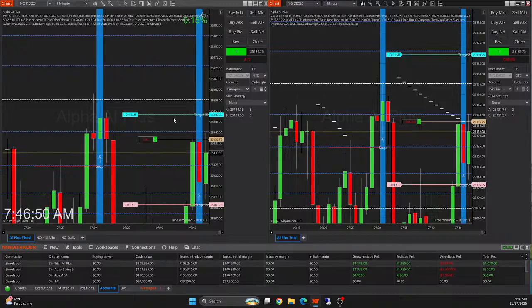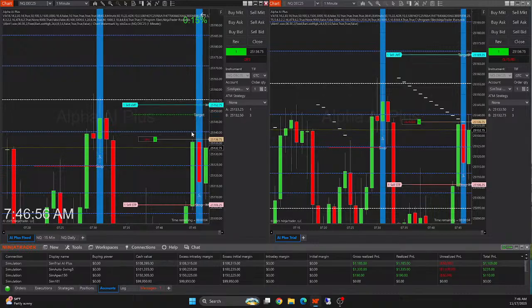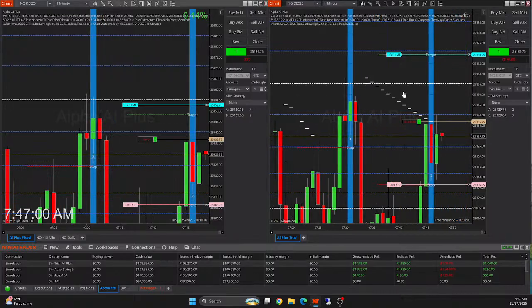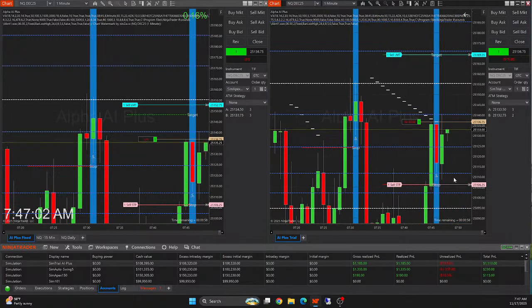So this is gonna be my stop and my target. For the profit target, I'm gonna add it right here. And we'll see. Come on, man, push up. Or down, doesn't matter. We are short in one template, long in another one, so it doesn't matter.